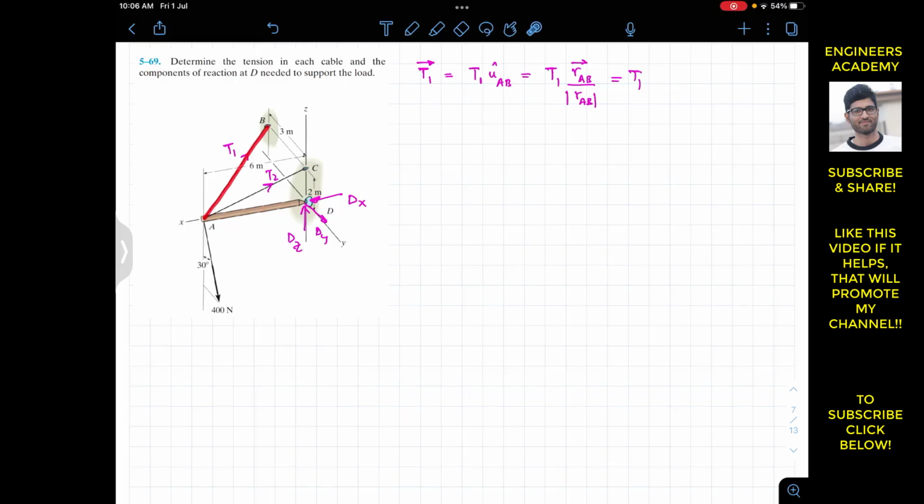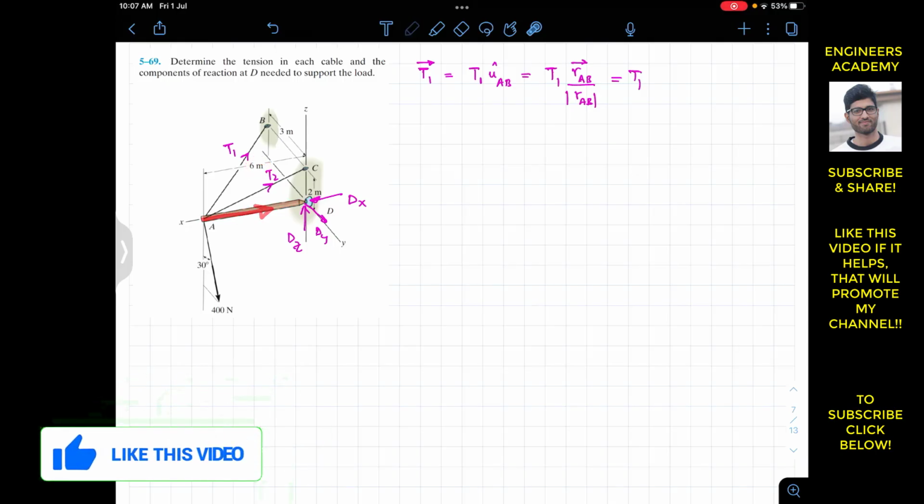The position vector from A to B can be written in terms of its i, j, and k components. To write this position vector, we need to travel from A along the x, y, and z axes to reach that point B. So from A we need to travel this distance, which is 6 meters in the negative x.